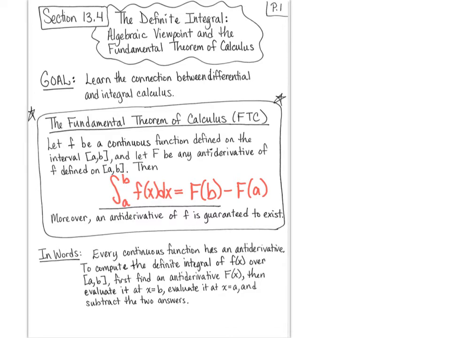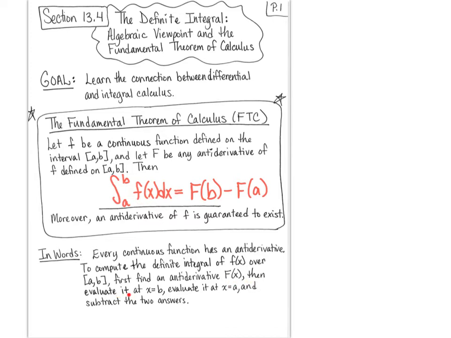In words, what this mathematical statement means is that every continuous function has an antiderivative. And to compute the definite integral of f of x over the closed interval [a, b], first find an antiderivative, capital F of x, of little f of x.